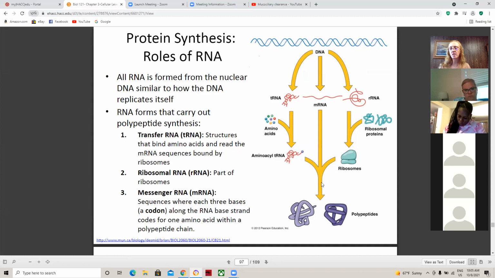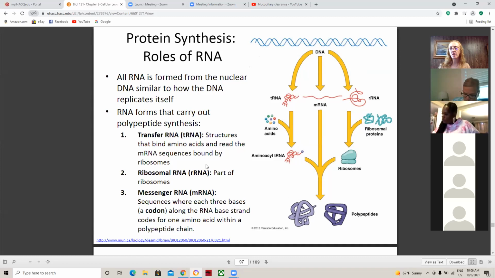Much of DNA codes for different RNA molecules. There are 3 basic types of RNA.